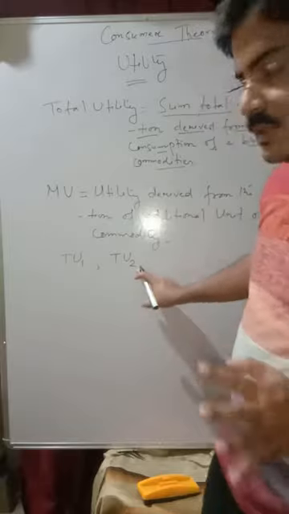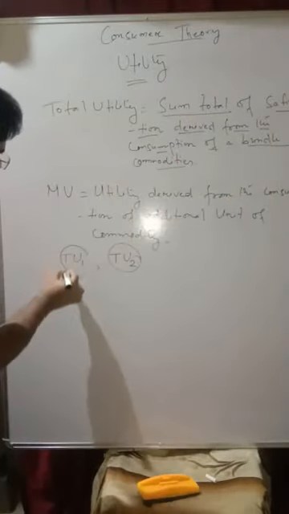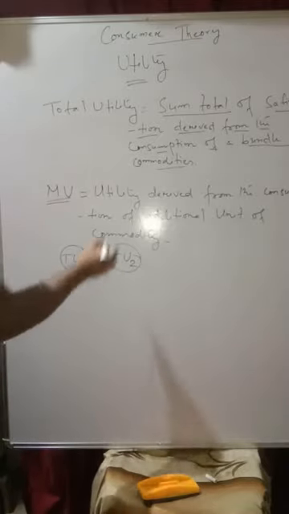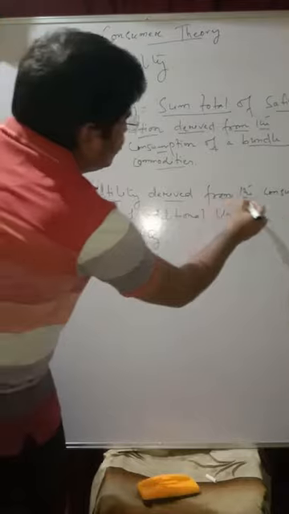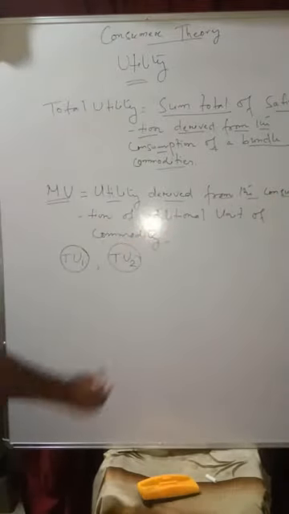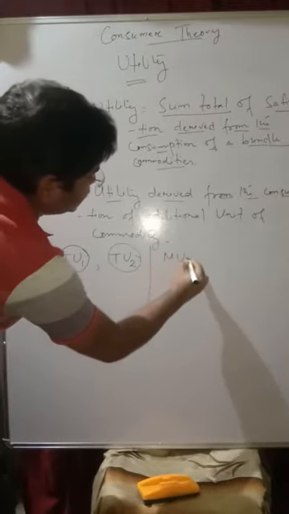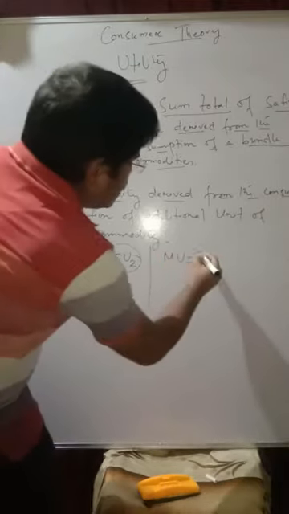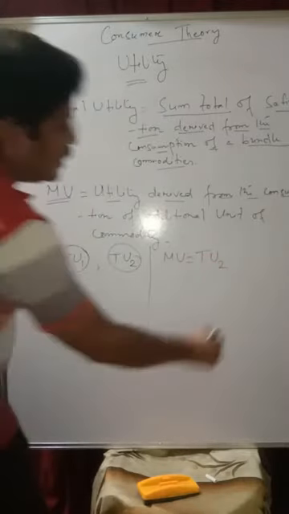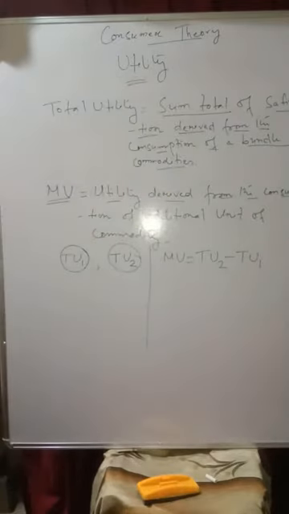So here marginal utility is given by the utility derived from the consumption of the additional unit of the commodity. So your marginal utility is given by the total utility of the second unit of rasagulla minus the total utility of the first unit of rasagulla.